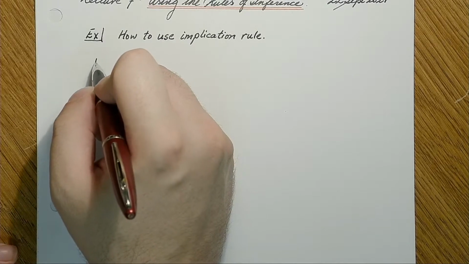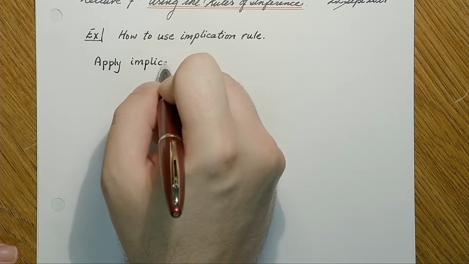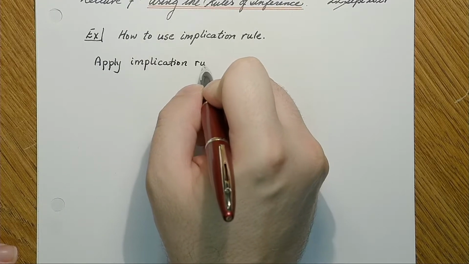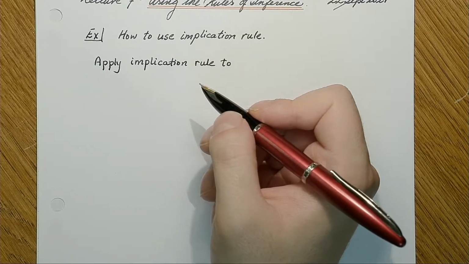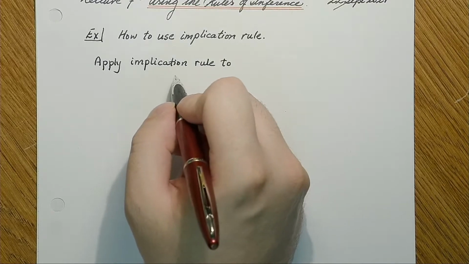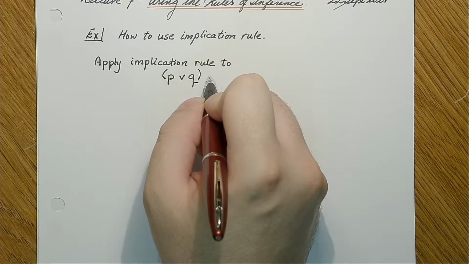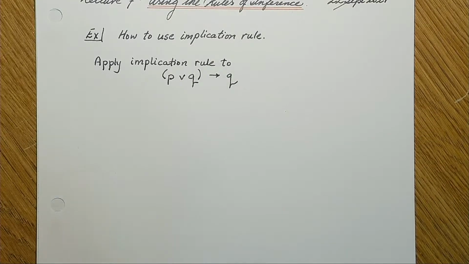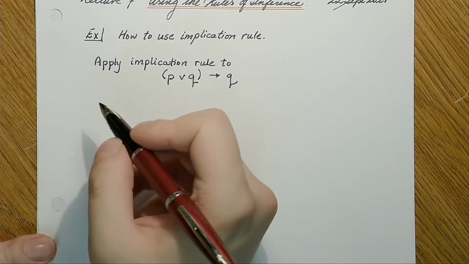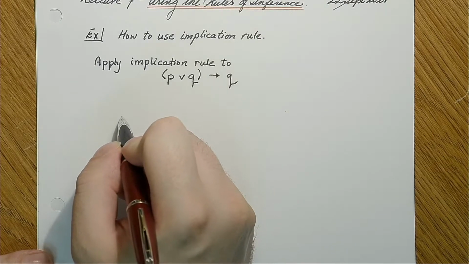So we're going to apply the implication rule to, let's use, P or Q implies Q. Okay, so what we do is we're going to just apply the rule.